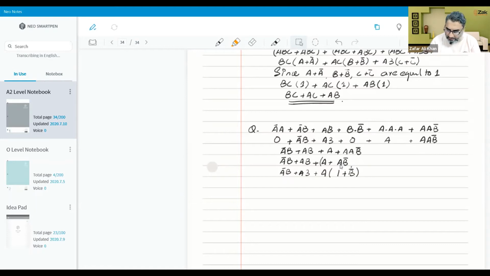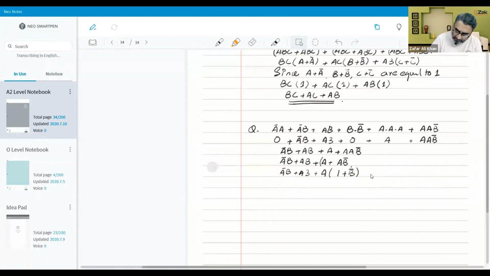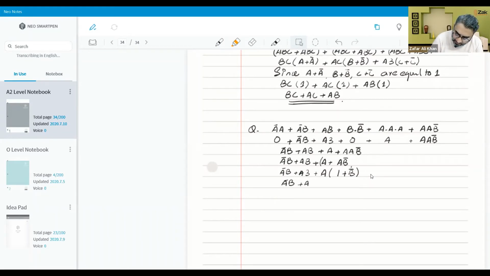Okay, anything plus 1 is 1. All right. So now this would be solved as a not b plus ab plus a into 1. That would be A not B plus A B plus A.